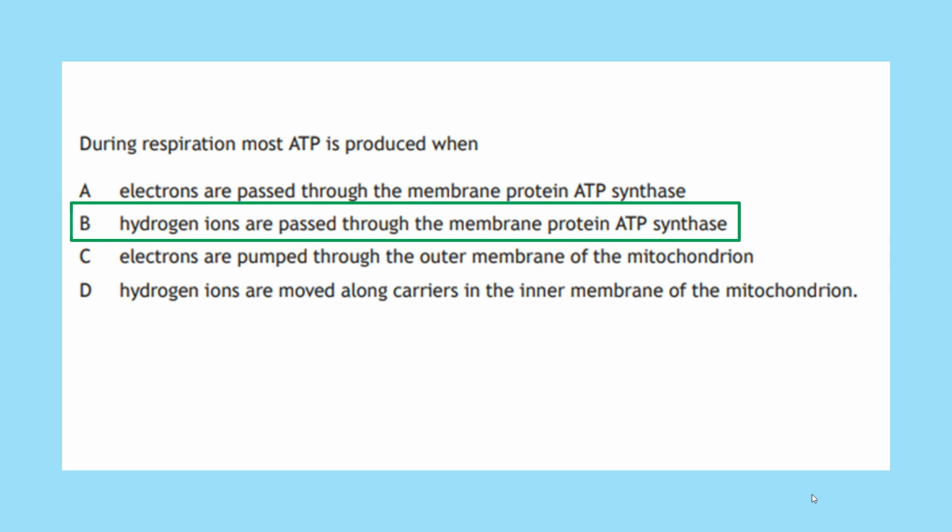So it's not the electrons that are passed through the enzyme, it's the hydrogen ions. That's why you could have ruled out A. C, electrons are pumped through the inner membrane, is ruled out. And D, the hydrogen ions are moved along carriers in the inner membrane of the mitochondrion. While that might be true, it's not the point where the most ATP is produced. That's specifically when the hydrogen ions pass through the ATP synthase enzyme to convert ADP into more ATP.